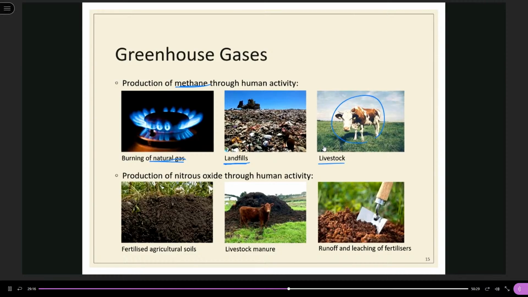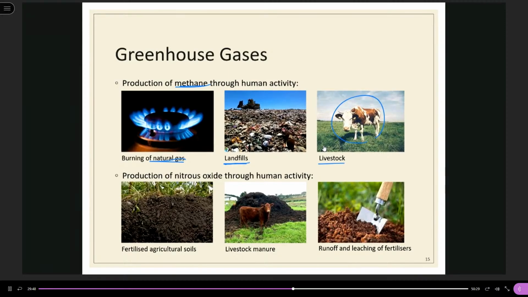So you may have heard that the green organizations will persuade you to eat less beef. It's because when the cow digests food, it will produce much methane. So if you eat less beef and there are fewer cows on the earth, then the production of methane will also be reduced.